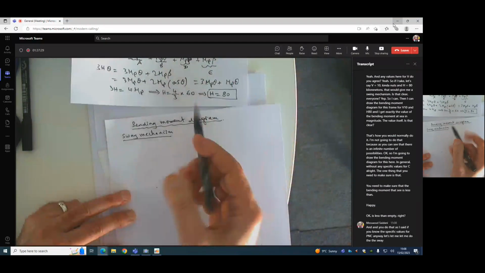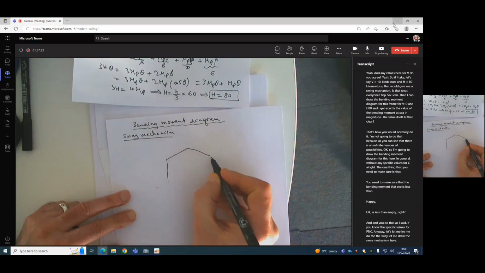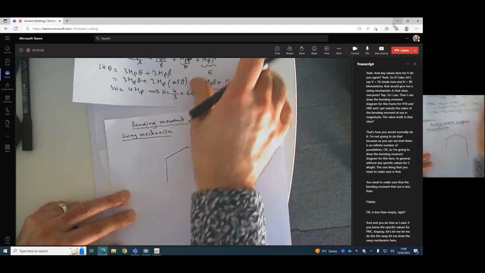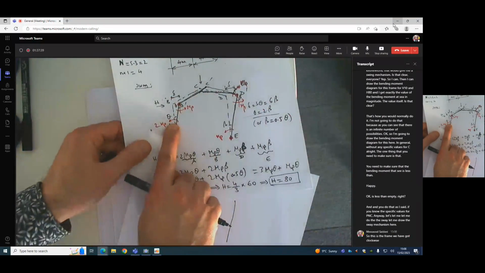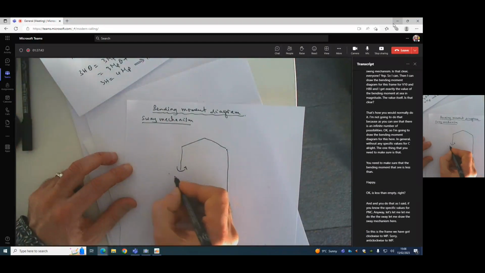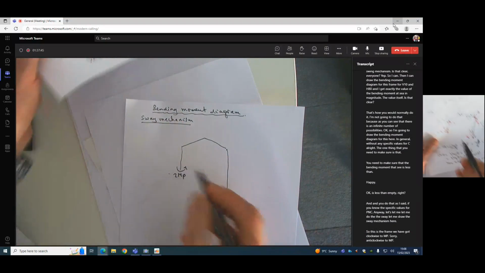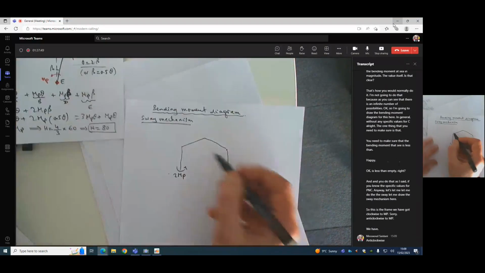Let me draw the sway mechanism here. So this is the frame. We have got clockwise 2 MP. Anti-clockwise 2 MP. We have anti-clockwise MP.